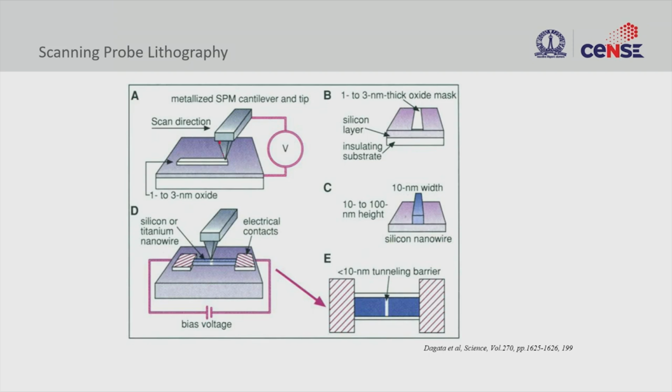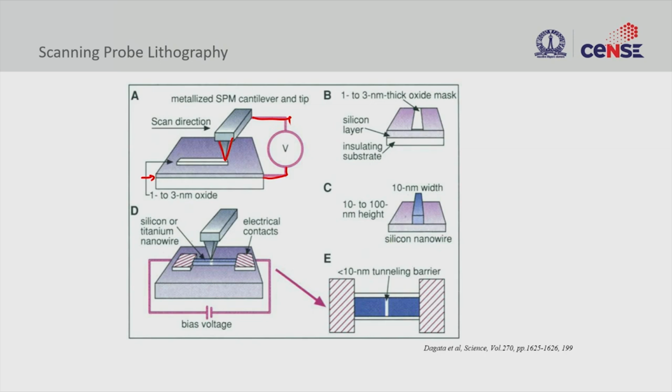Here we use a very sharp tip, like an atomic force microscope tip or scanning probe cantilever tip, and then we apply a voltage between your substrate and your tip. The important thing is the substrate should be coated with a material whose property you can change when you apply this field.